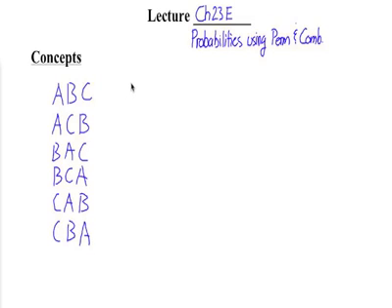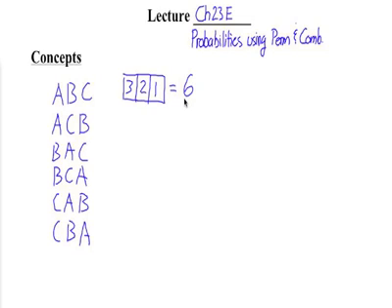Using our formula for permutations, I can check that. I have three symbols, and I'm going to take all three of them. So the first symbol I have three choices, the second symbol I have two choices, and the last symbol I have one choice. Using the product principle, I multiply those together and I get 6 permutations.